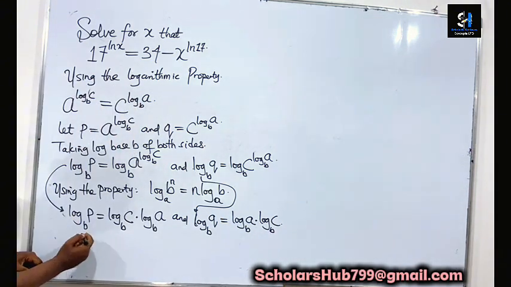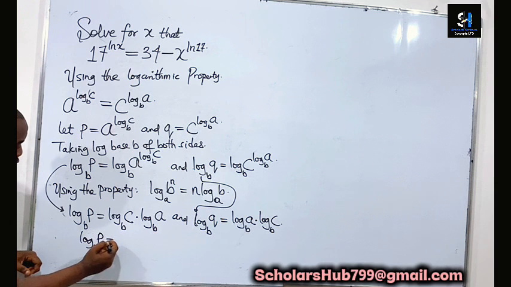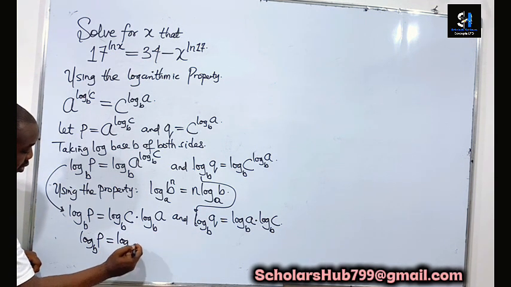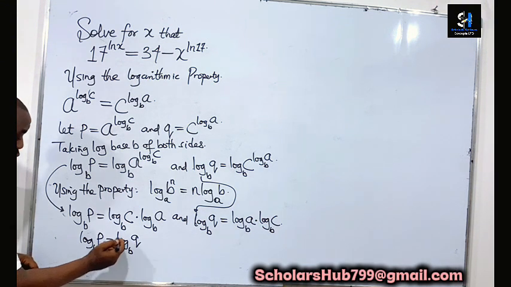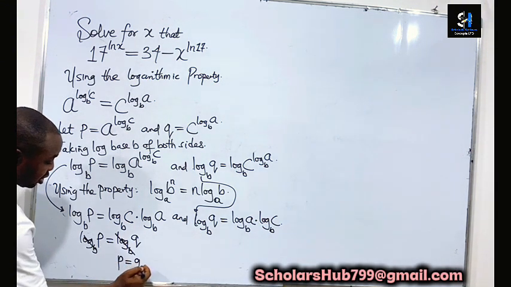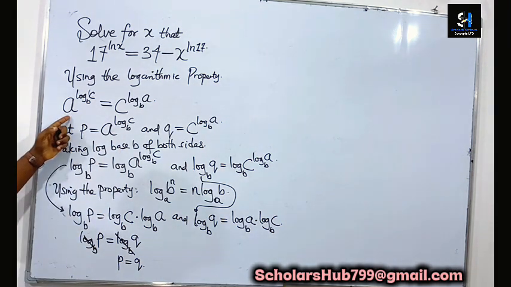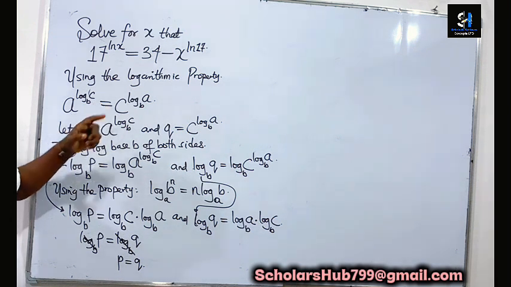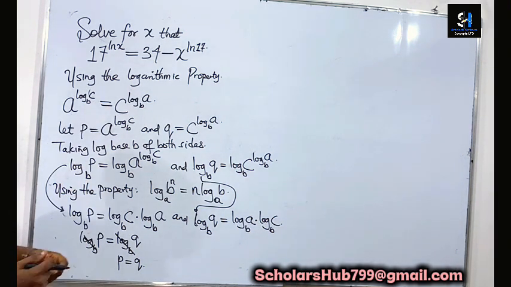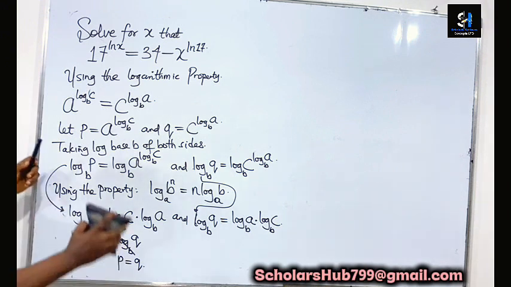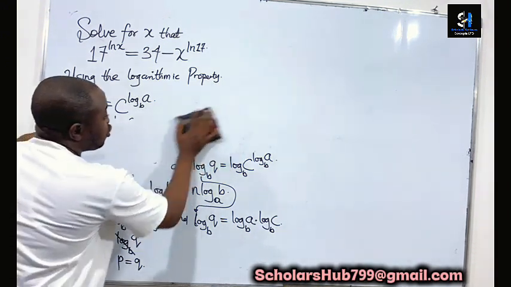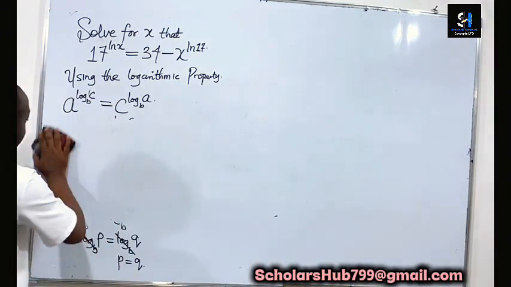So log base b of p equals log base b of q, which means p equals q. This is how to show that a raised to the log base b of c equals c raised to the power of log base b of a. We're going to use this property to solve the given question.